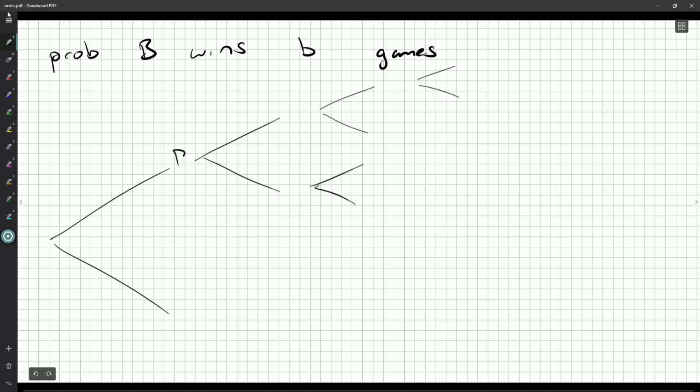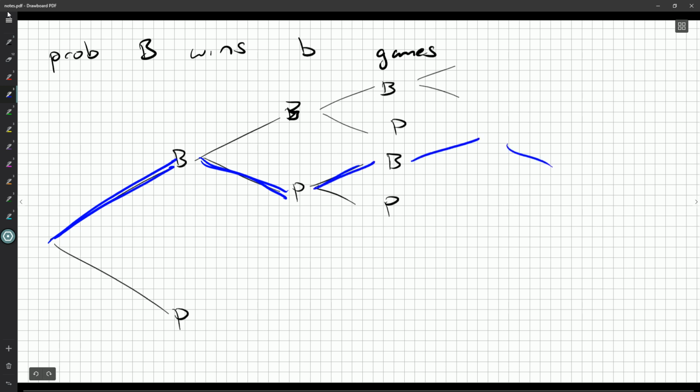Blaise wins, Pierre wins. Blaise wins, Pierre wins. Each branch of this tree tells a little story. Blaise wins the first game, then Pierre wins, then Blaise wins, then maybe Blaise wins again, then Pierre wins, then Blaise wins. Now, if Blaise wins B games, and we know there are 6 games in total, Blaise wins B times.